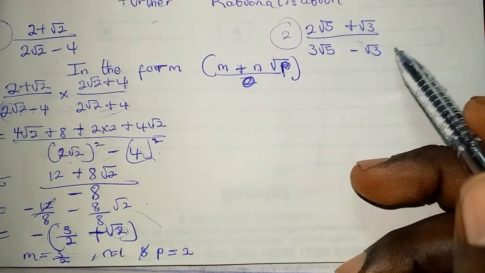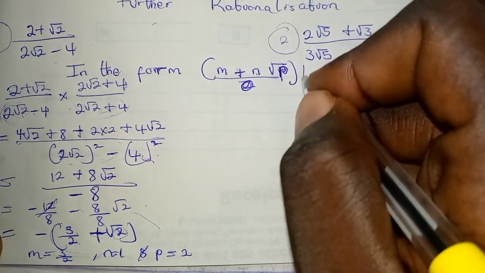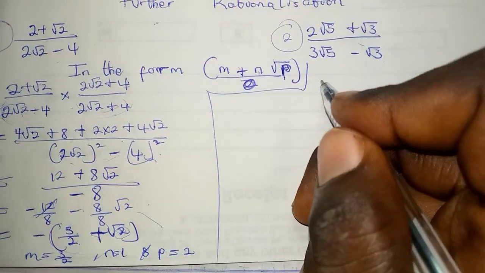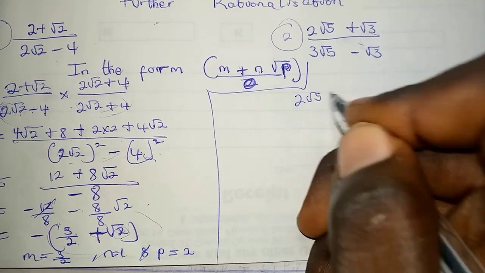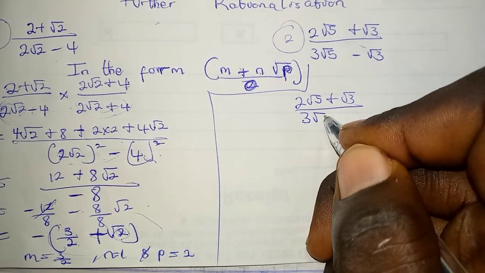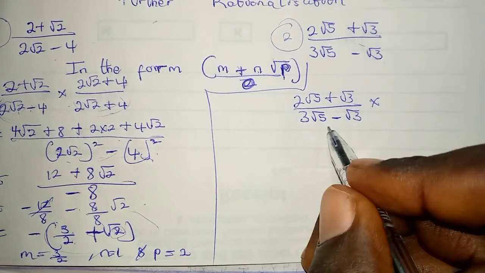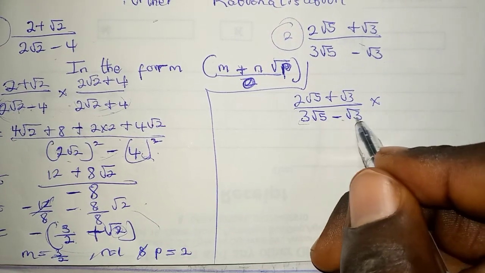And also simplifying this in the same way, we have 2 root 5 plus root 3. Don't forget, we are going to rationalize, multiplying the numerator and the denominator by the conjugate of 3 root 5 minus root 3.